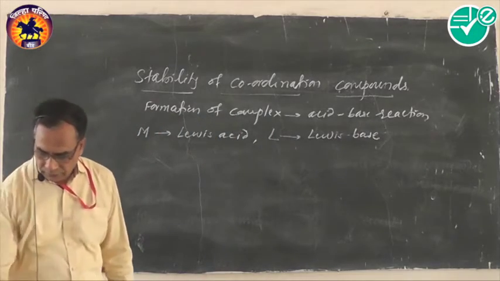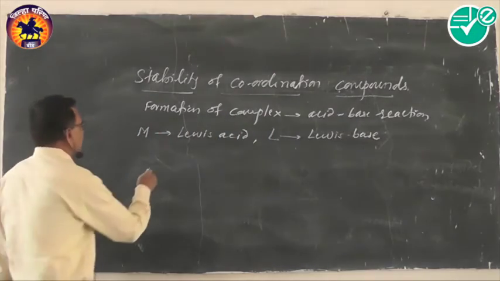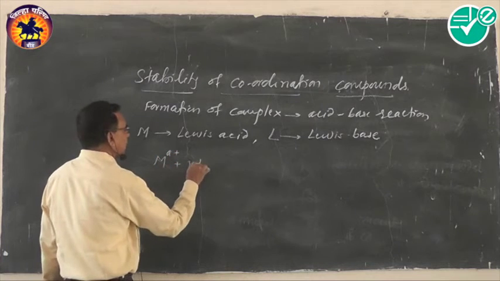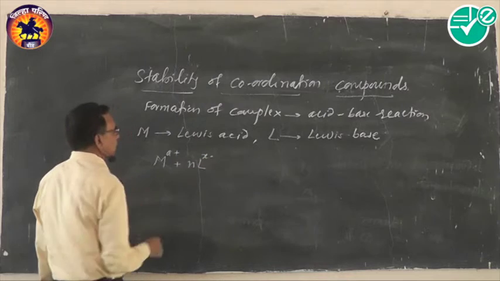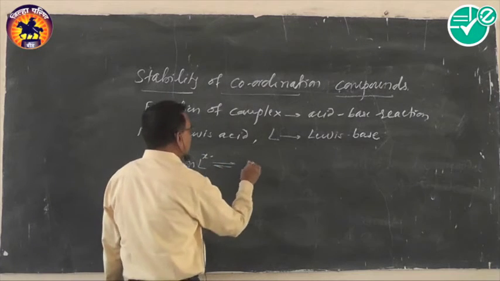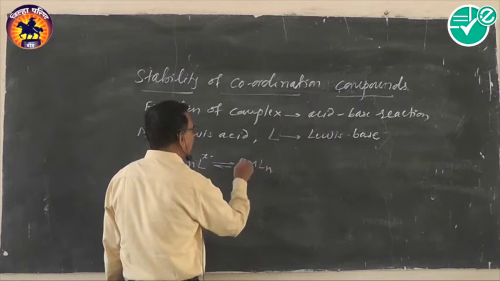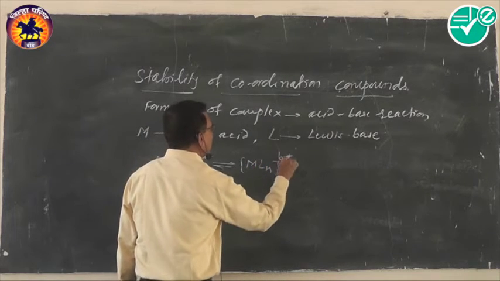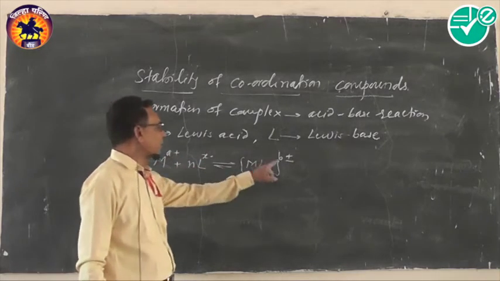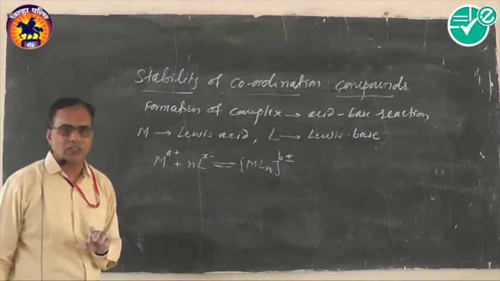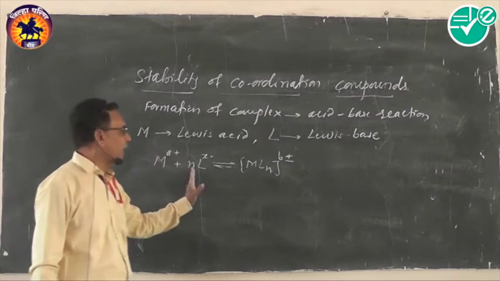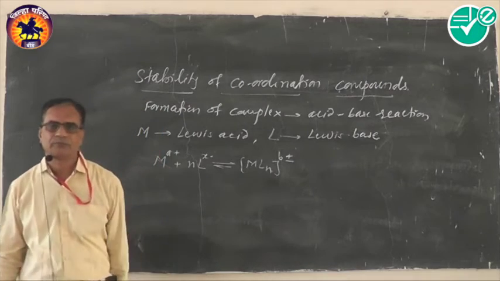Suppose the reaction can be written as M^a+ plus nL^x- gives ML_n^b+/-. Here a, x and b are the charges present on the metal ion, the ligand and the complex.